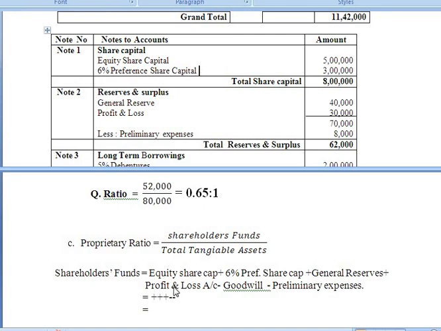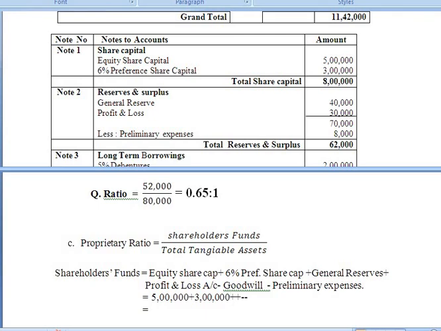Okay. So first we'll write the amount of equity share capital. So here you can check the amount of equity share capital is rupees 5 lakh. So right here 5 lakh. Okay. Plus what is the amount of preference share capital? 6% preference share capital is rupees 3 lakh. Okay. So right here 3 lakh plus general reserve.